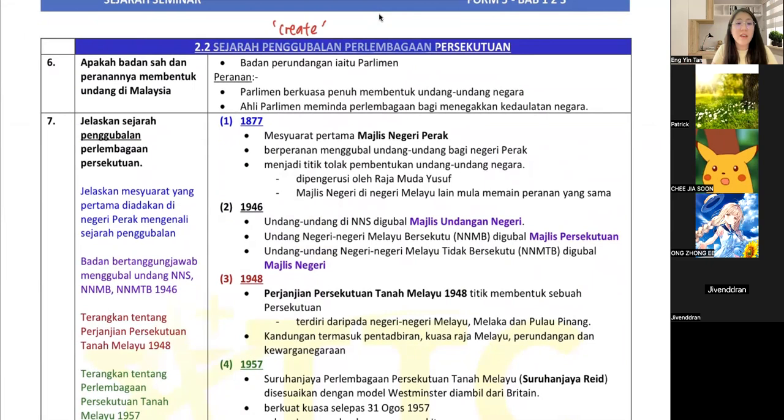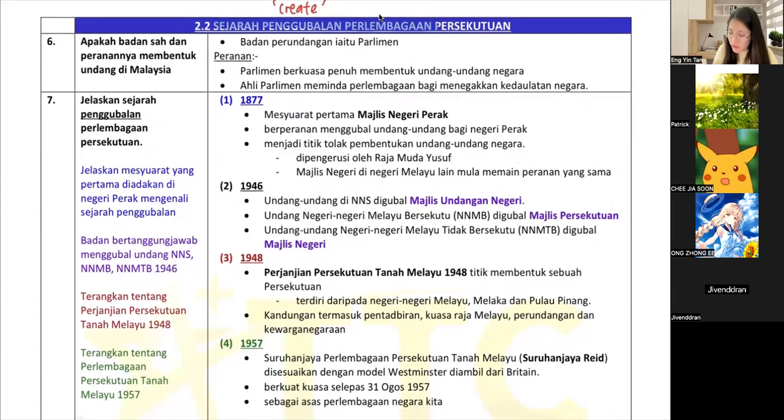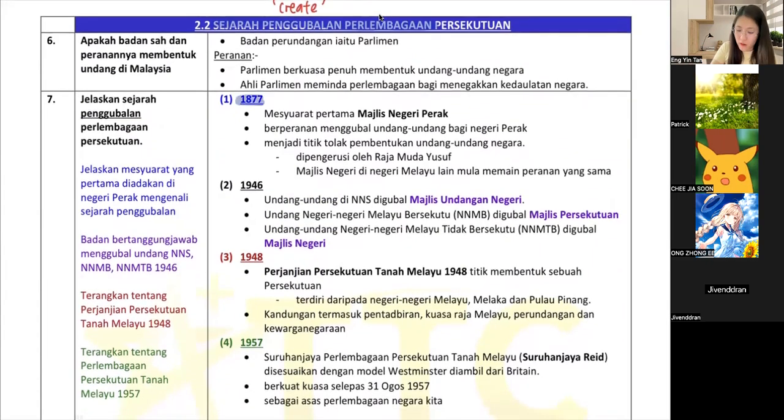So question number 7 here is based on the sejarah. So you can see in 1877, the first time our Malay local people start to create the law is 1877. Perak history, dekat sini. Boleh faham?